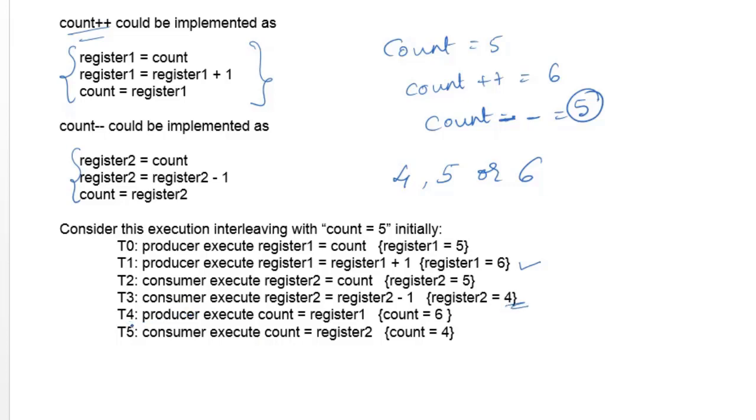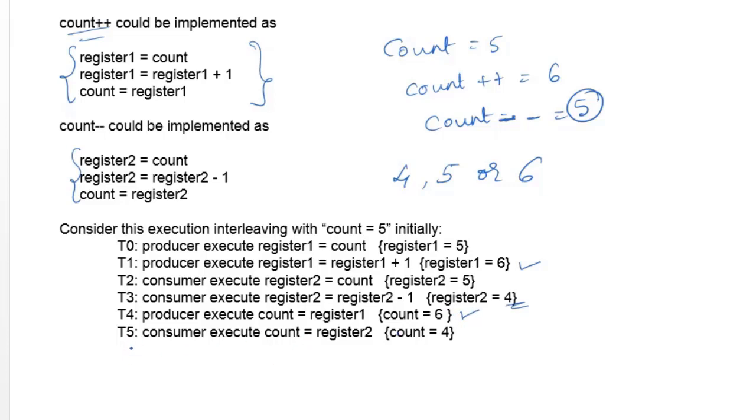At time t4, the producer process has gained access to the CPU and it is executing its next instruction. The first two instructions are already executed. It is now going to execute the third instruction, where it writes the register 1 contents into the memory location count. So now you can see that the count variable is updated to hold a value of 6.